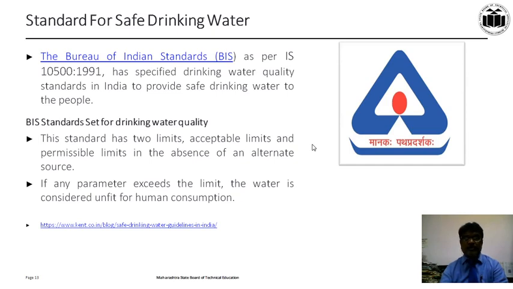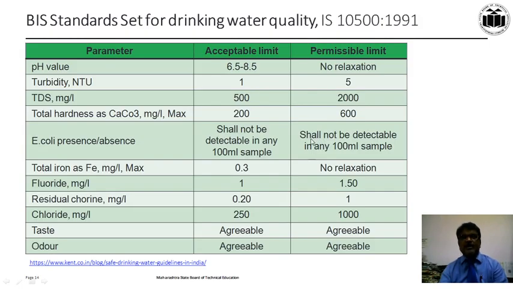So these standards are very important for the potable water. So some standards are presented here. pH value 6.5 to 8.5, acceptable limit. The permissible limit, no relaxation, means it is equal to 6.5 to 8.5.